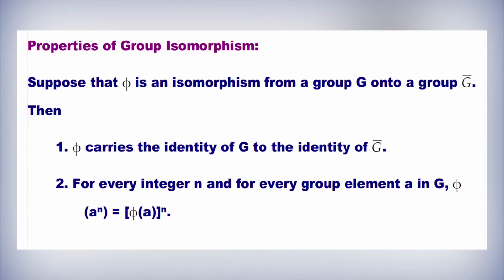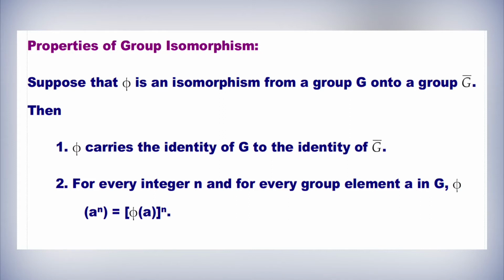We shall now see the properties of group isomorphism. Some of these properties are going to be repetitions of the properties that we saw in group homomorphism. Let us go on to the properties. Suppose that phi is an isomorphism from a group G onto a group G bar. Property number 1, phi carries the identity of G into the identity of G bar.